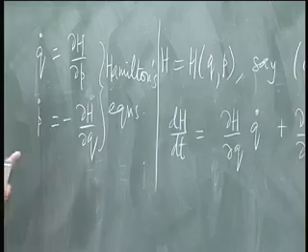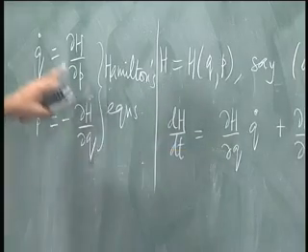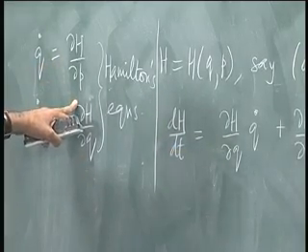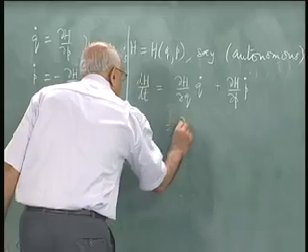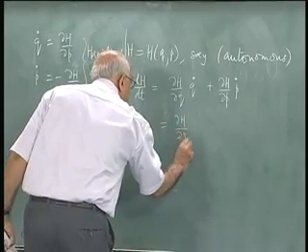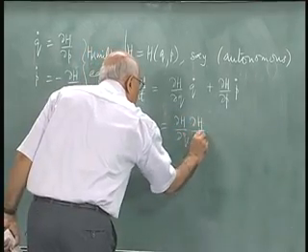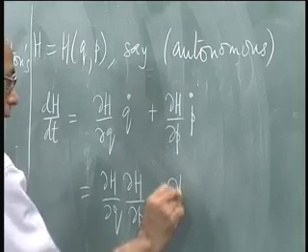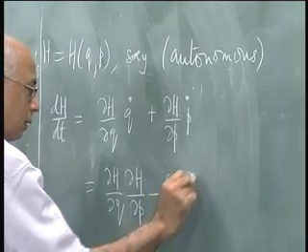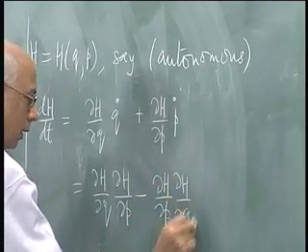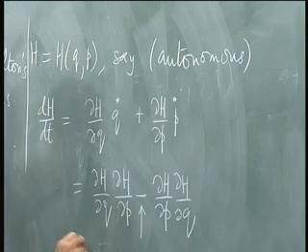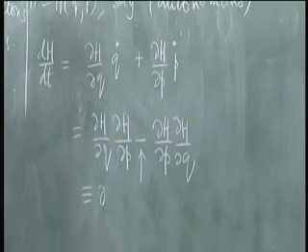When these equations apply, then I replace Q dot by delta H by delta P here. So this becomes delta H over delta Q, delta H over delta P, minus delta H over delta P, delta H over delta Q, and you see the role played by this minus sign, so this becomes identically 0.